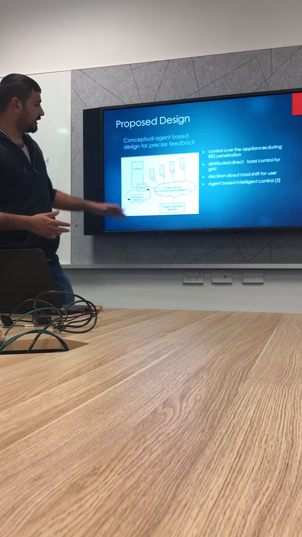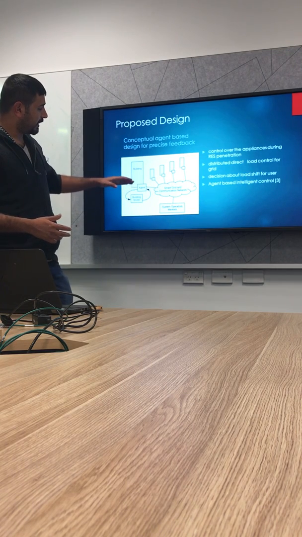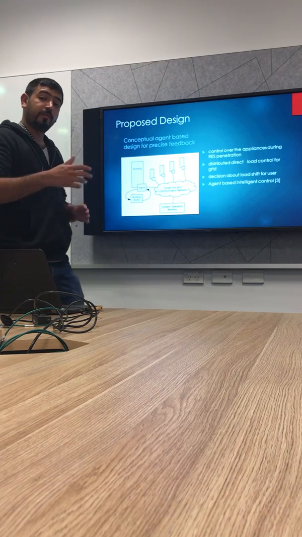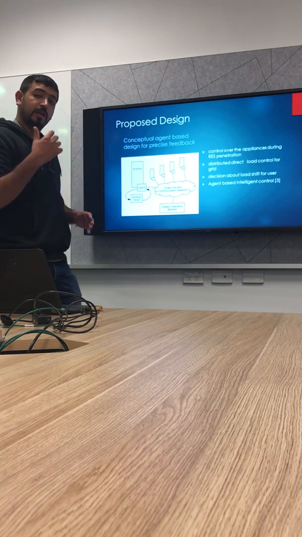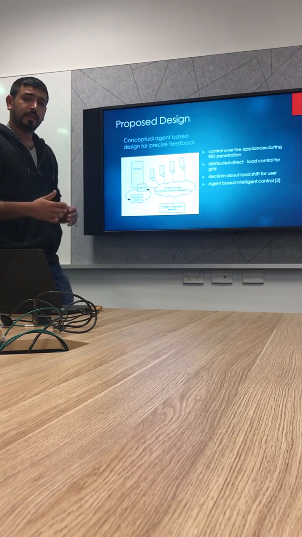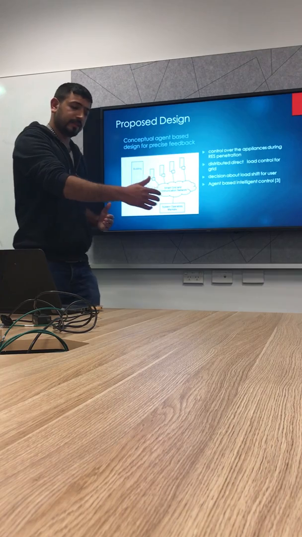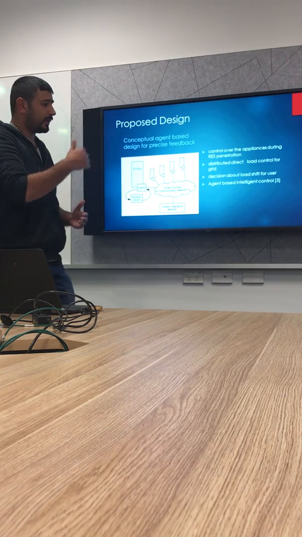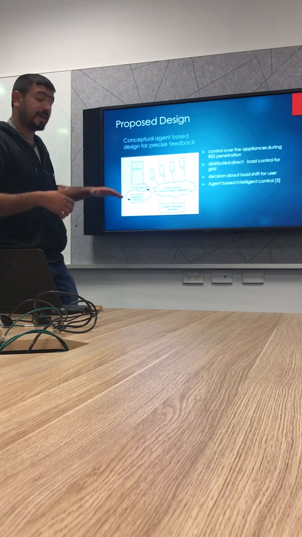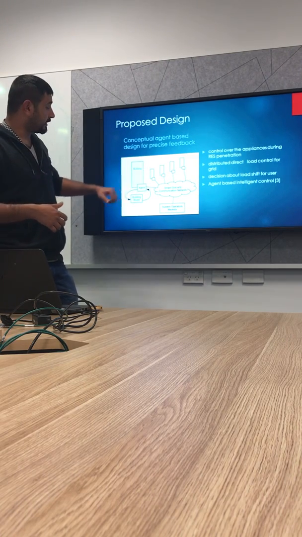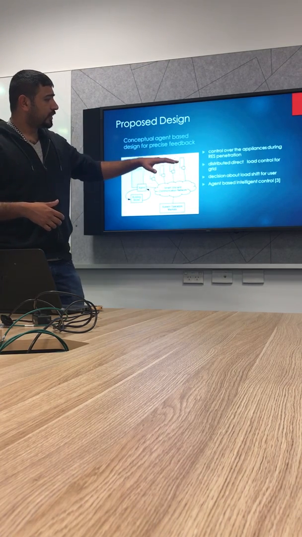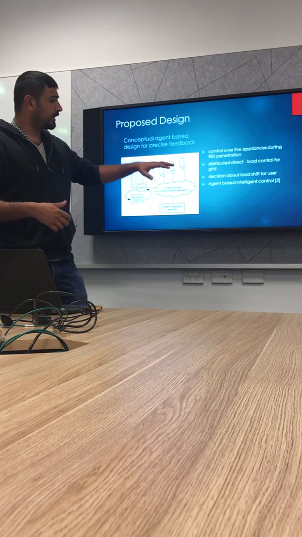In the diagram, it is an agent-based strategy that can provide proper feedback to the supply side about how much load is being utilized, and it can control the appliances during renewable energy penetration.